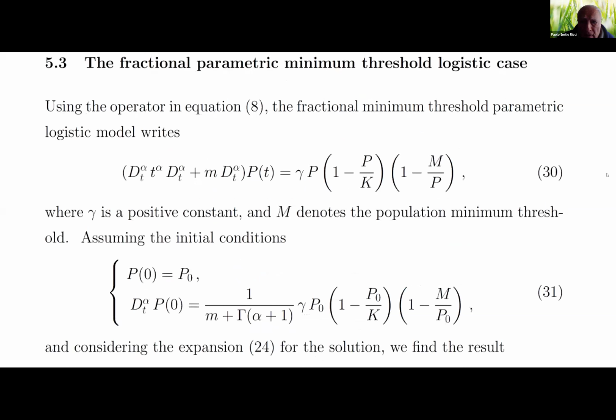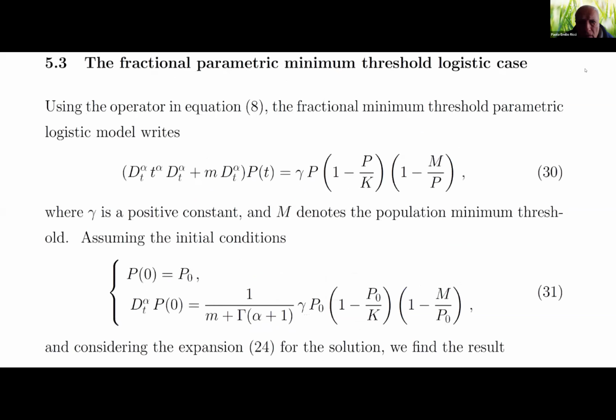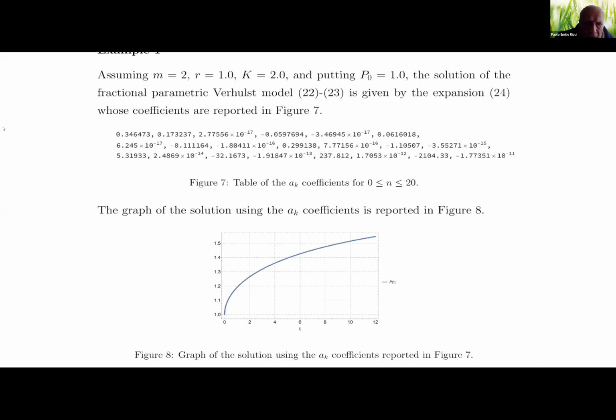We have here an example, sorry. Yeah. Considering the Verhulst fractional parametric Verhulst model, the expansion of the coefficients are given by the coefficients of this one in the particular case we will consider.